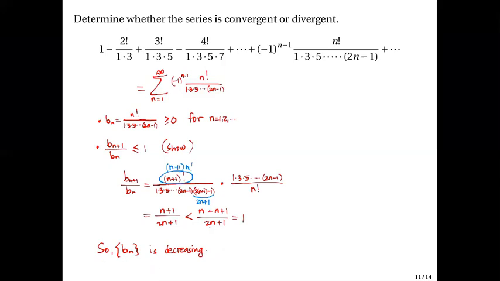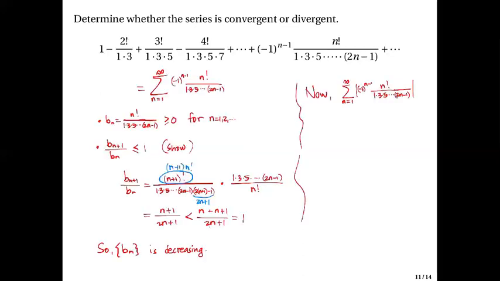So how do we do that? Now we consider the absolute values of the terms. So negative 1 to the n minus 1, n factorial over 1 times 3 times 5 times 2n minus 1, from 1 up to plus infinity.